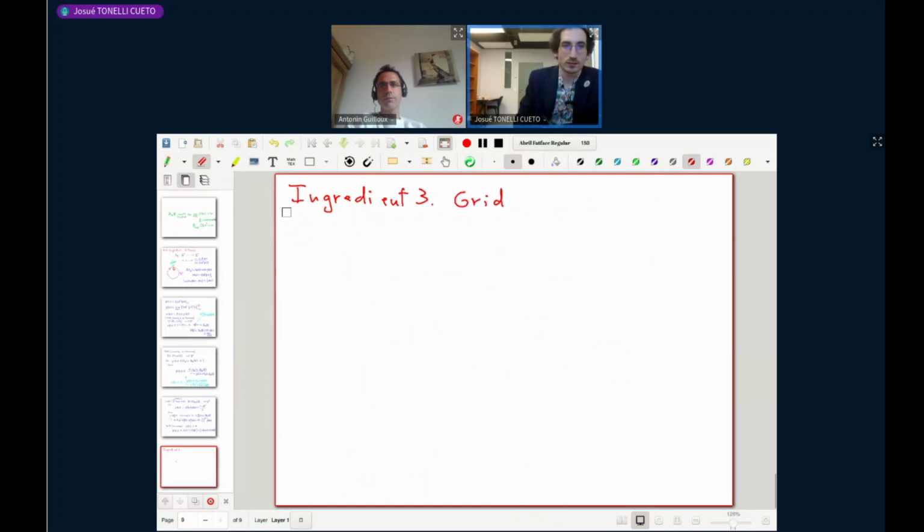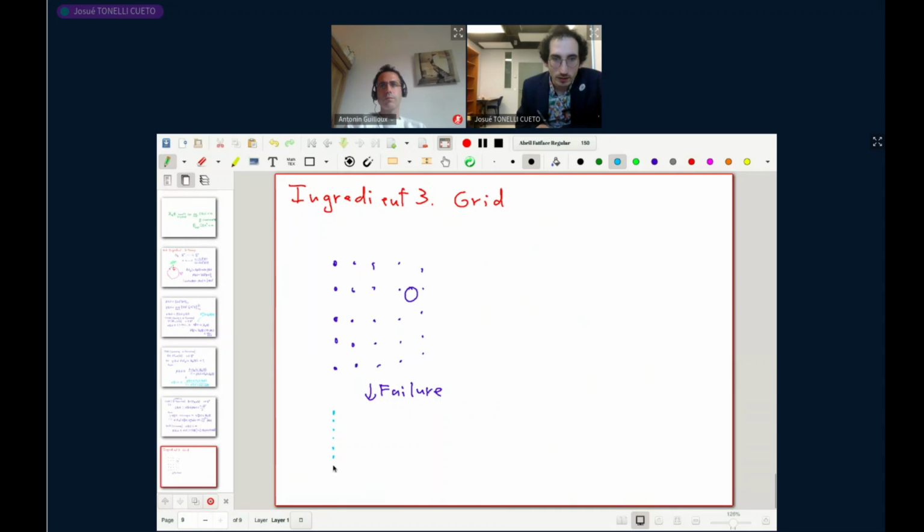The main idea is, while before I was just having my grid on this shape, if there was a failure, imagine that my failure was around here, then I will just substitute this grid by a finer grid.